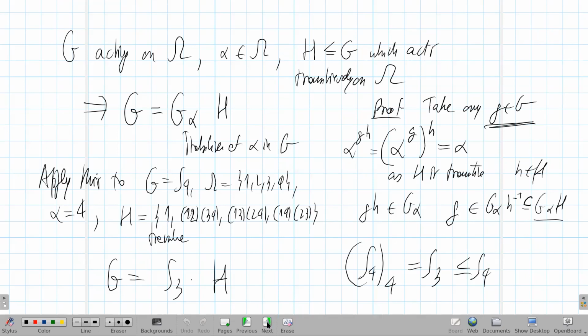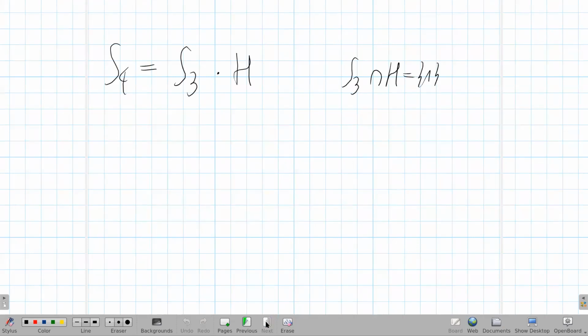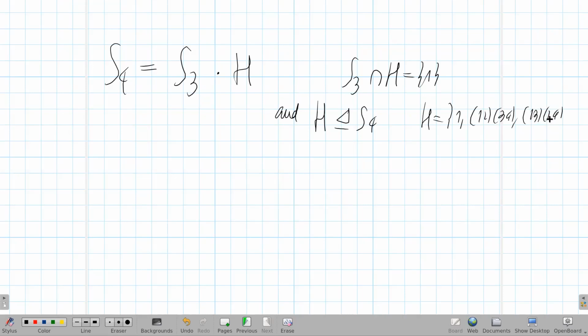And by the same argument as before, H is normal in S4, because H consists of 1 and then a conjugacy class. These 3 elements form a conjugacy class. So when you conjugate H by G, 1 remains where it is, and these 3 elements are permuted among themselves. So H is normal.